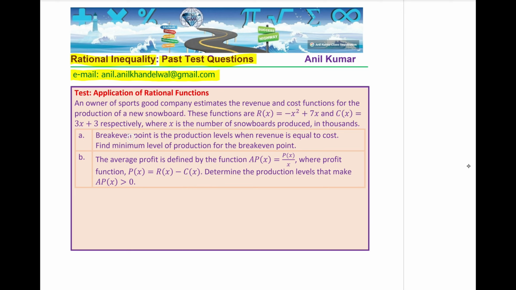Part A. Break-even point is the production level when revenue is equal to cost. Find the minimum level of production for the break-even point.